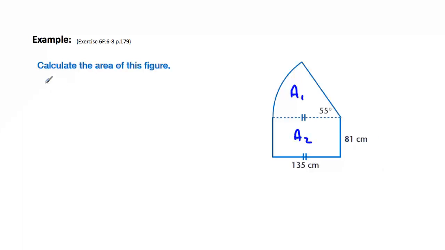So area 1 would be equal to our fraction of a circle, 55/360ths of, now it's area, so it's pi times the radius squared. Now the radius is this distance here, which is the same as this, 135, and that's all squared.